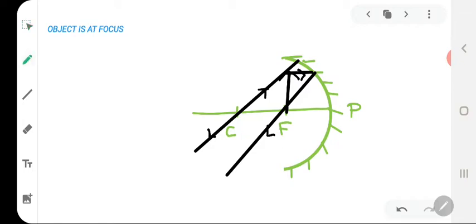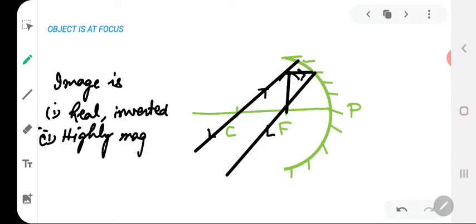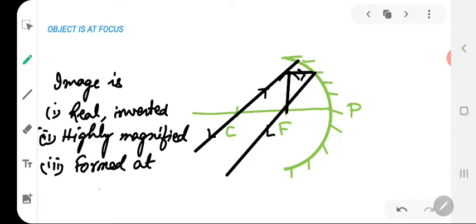So, we can say that the image is real and inverted. It is highly magnified and it is formed at infinity.